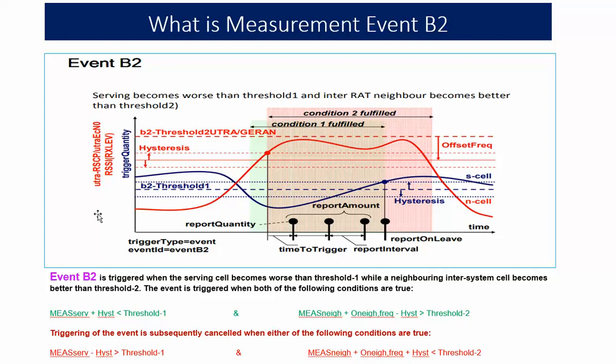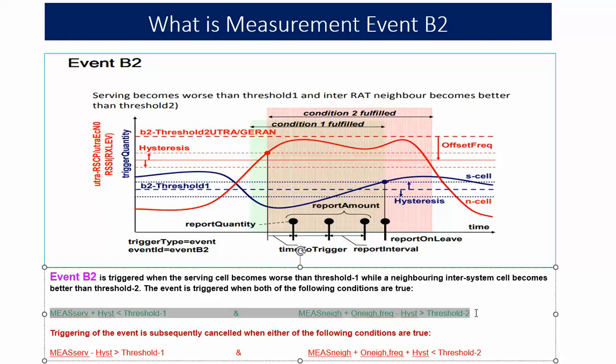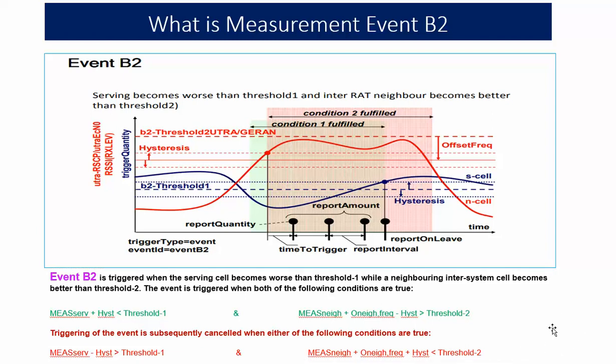If we move from 5G to 4G, at that time the B2 event will be used. When both criteria, written in green color, are met, then your handover will happen.